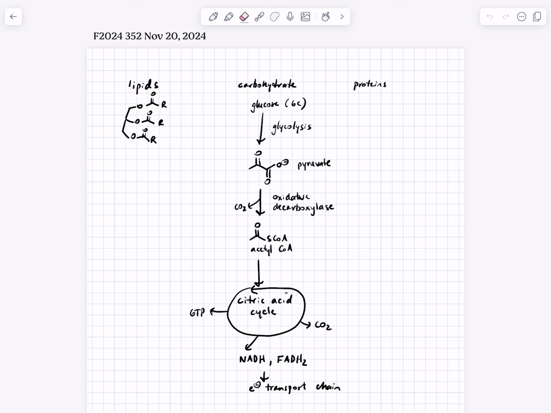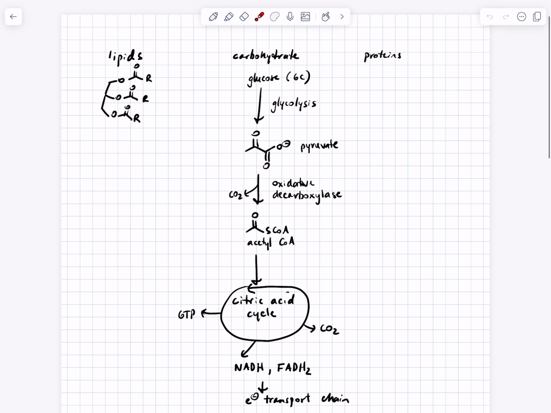As I was mentioning last time, when we talk about metabolism, or really catabolism, that's breaking molecules down into simpler and simpler products that we can extract energy-rich molecules from. Nature can do this with lipids, carbohydrates, and proteins.